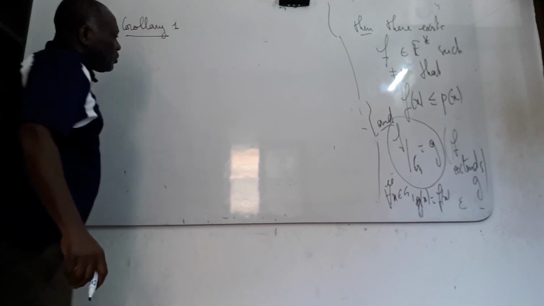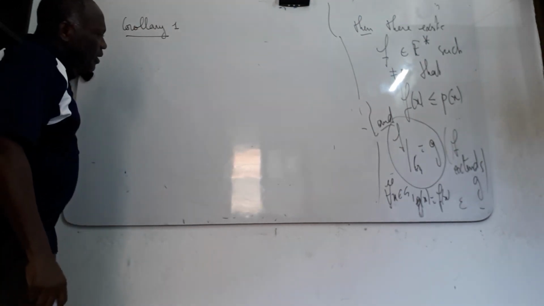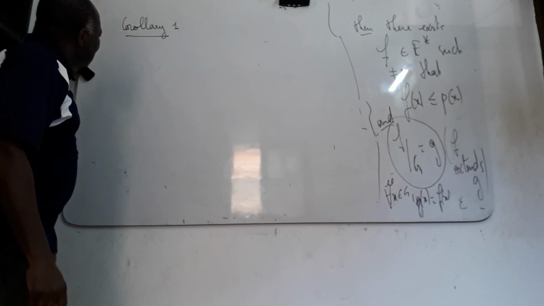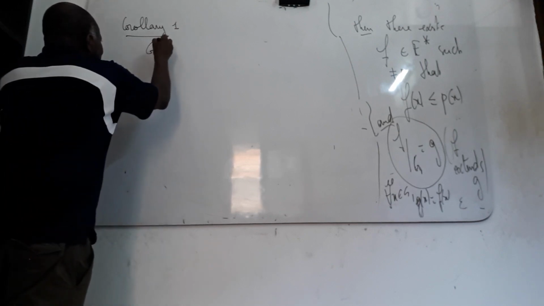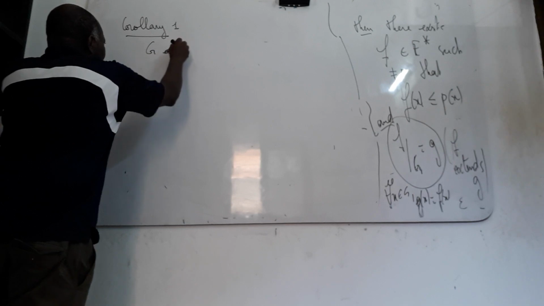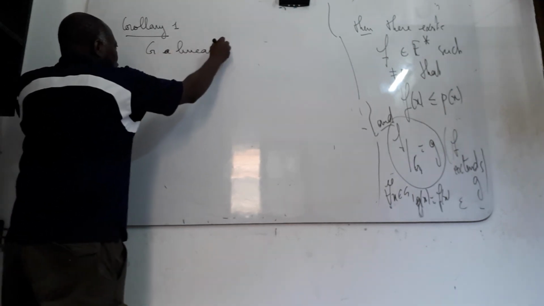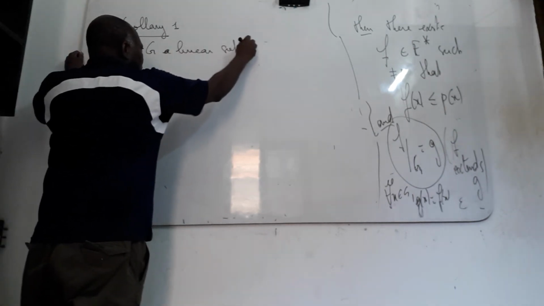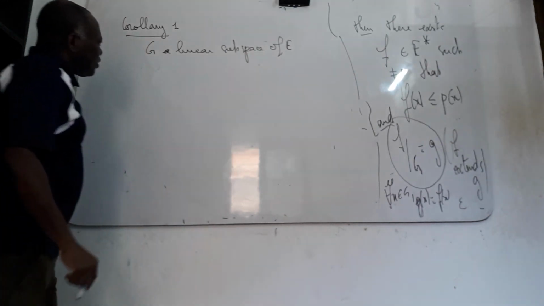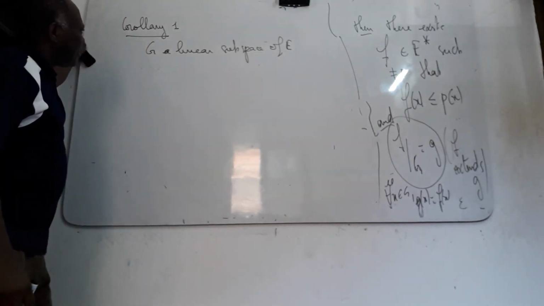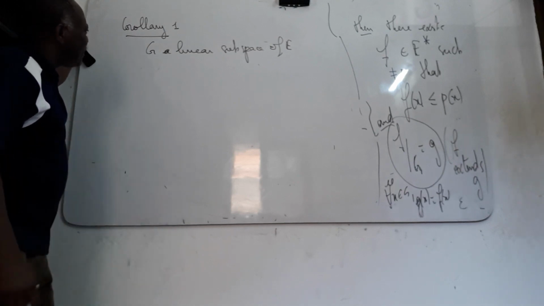This corollary tells us that you have this solution, and you also know G is a linear subspace of E, with this kind of function, and in the same condition you have this.